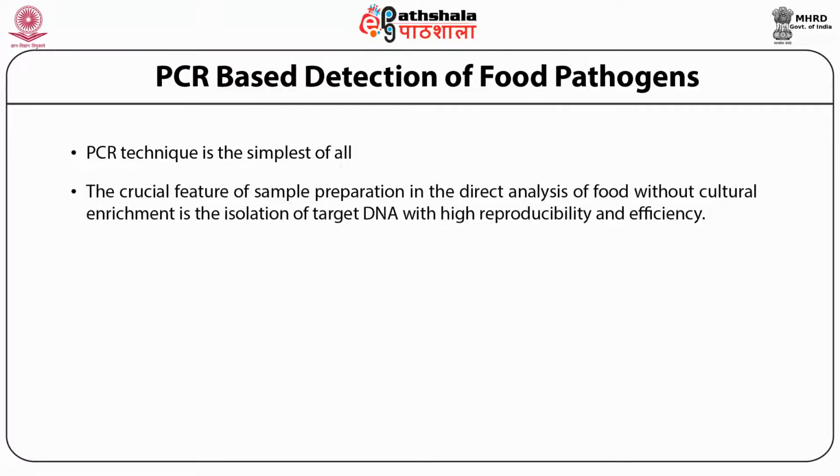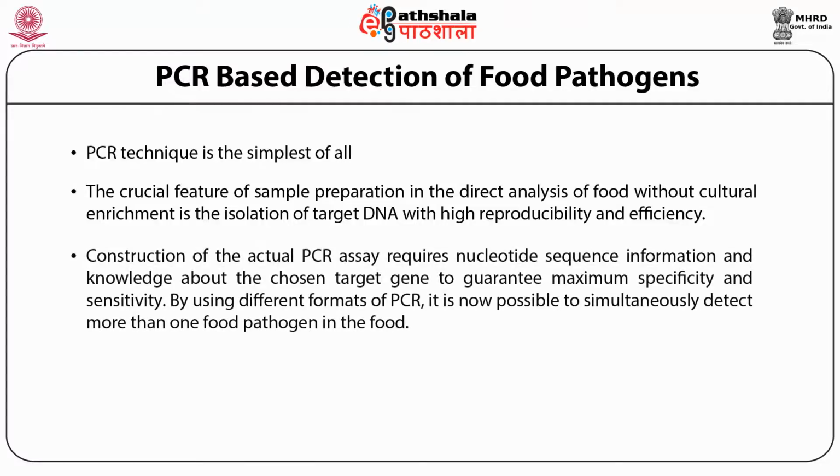The crucial features of this method involve sample preparation, especially a food sample we can take. That food sample we have to culture, and then we can isolate a particular target DNA, where in this PCR method there is high reproducibility and greater efficiency.